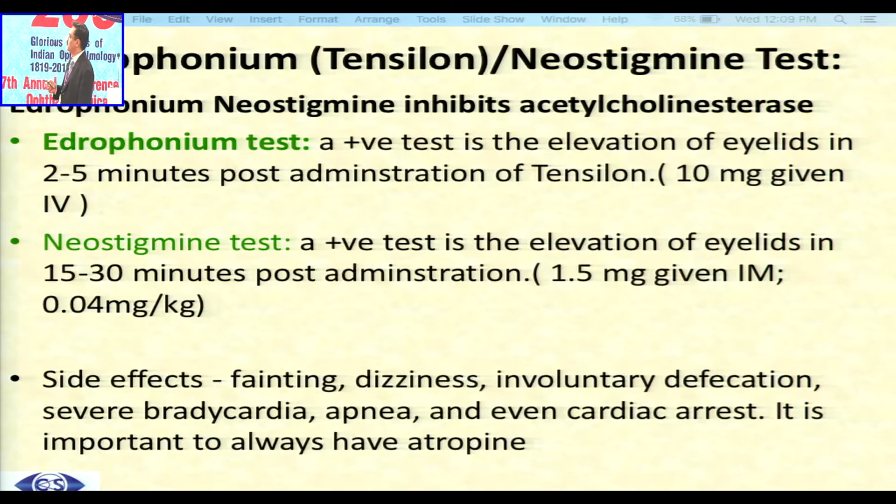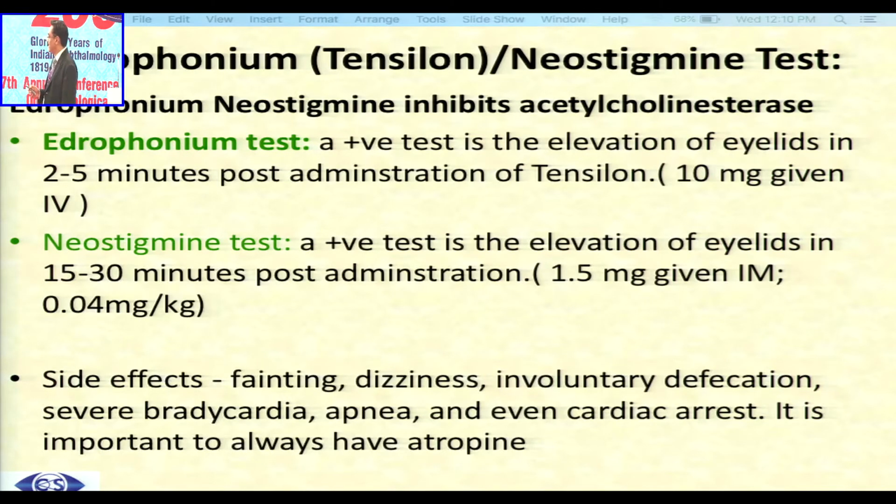They give neostigmine as a reversal agent in their anesthesia patients, so they require to give it IV. While we are just checking for myasthenia gravis, if you give IV neostigmine, there will be all problems, a lot of muscular twitching, contraction all over, and the patient will have terrible side effects. You will have to keep the patient in the OT for quite some time.